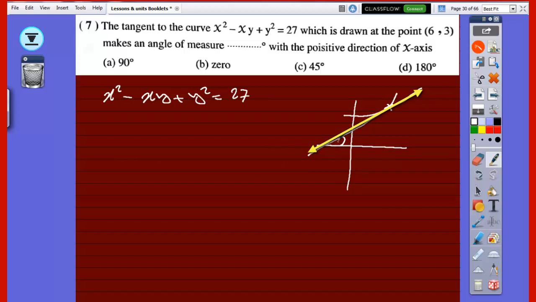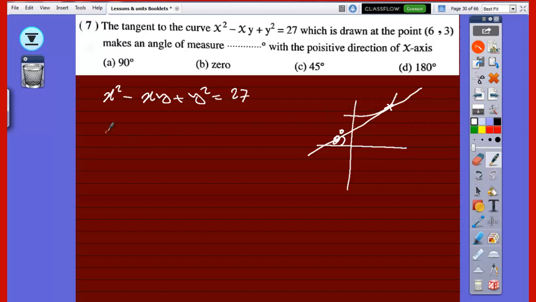Let us call it theta. The required here is to find the measure of this angle. Of course, this is not a real part of the curve.